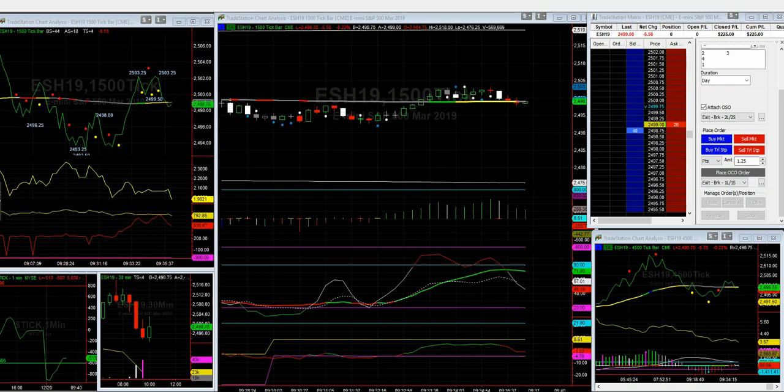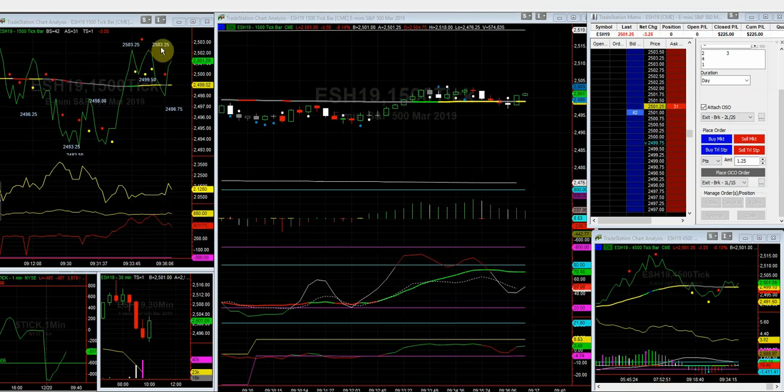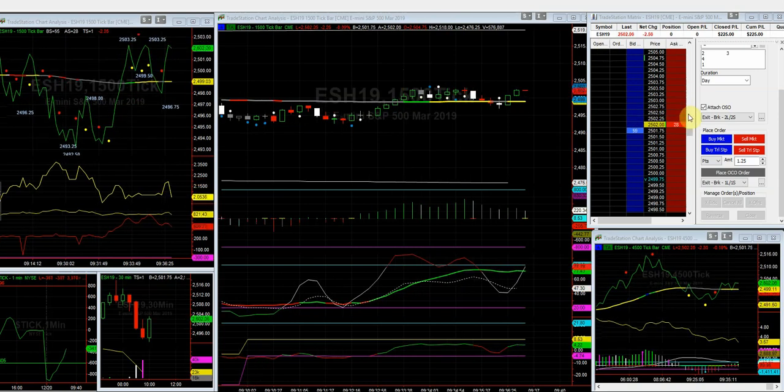Now, if we wanted to place a trade, we see over here on this panel, or this window, price is 2503. That's associated with this frequency dot. So we would place our trade at 2503.25, and that would be right here, if we wanted to put that trade on.